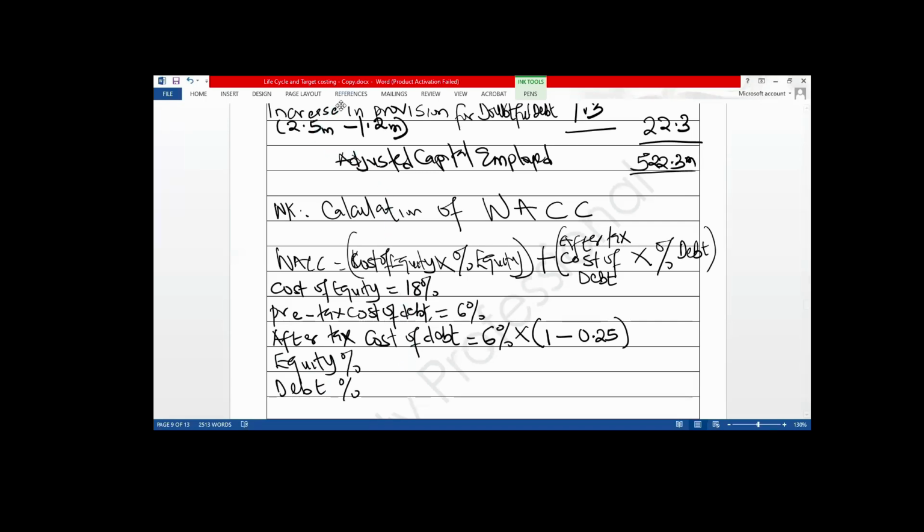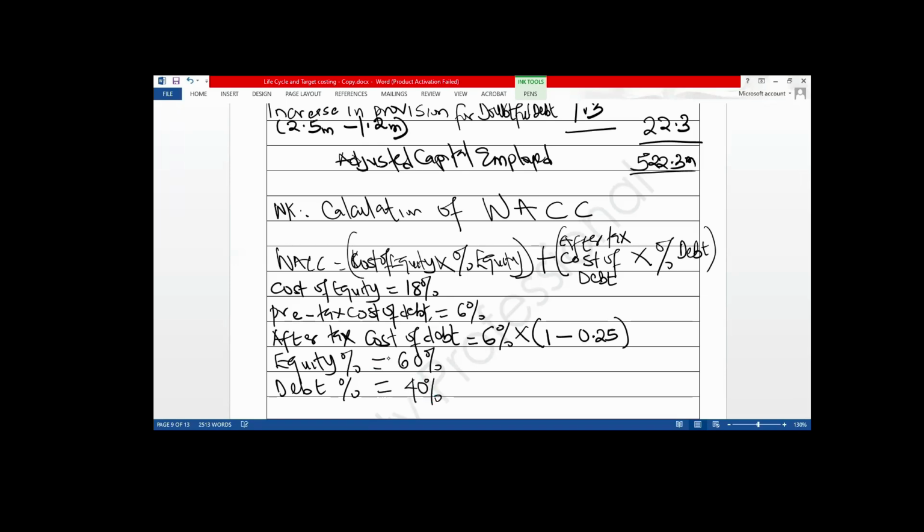Yes, what is the percentage of equity in the question? 60%. Thank you. Percentage of equity is 60%. Percentage of debt is 40%.